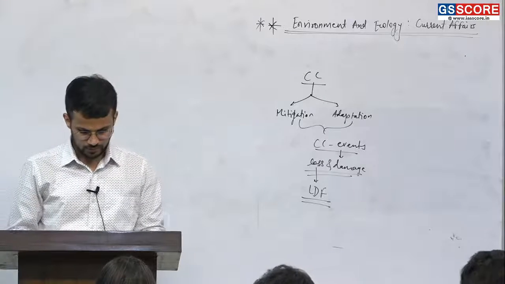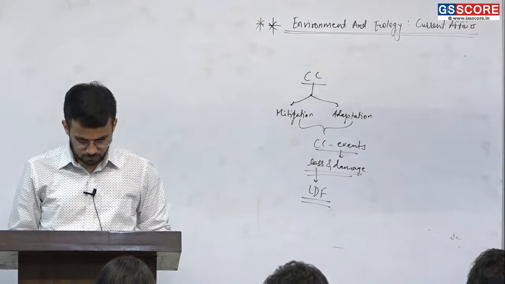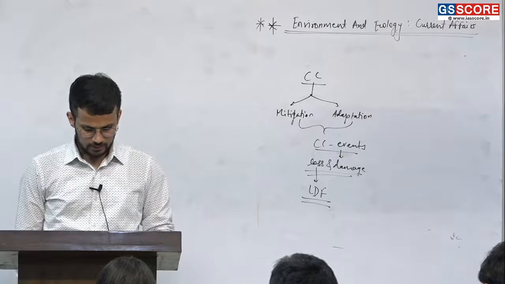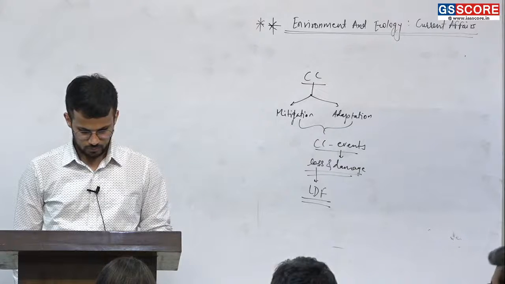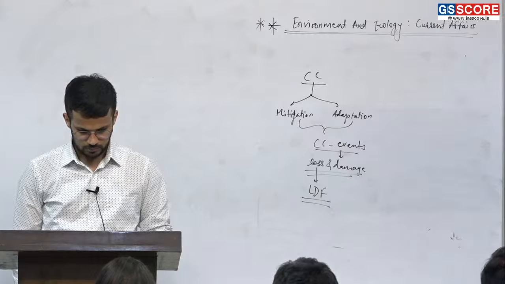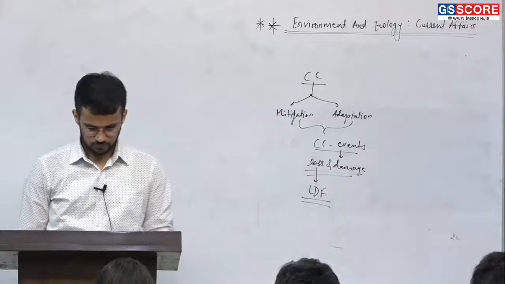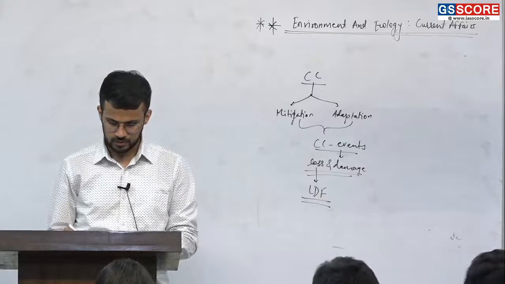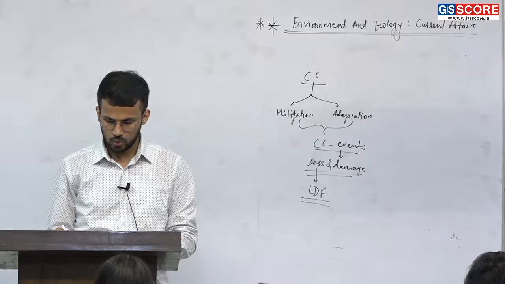Next important topic is Roku among bird count. 79, Indian skimmer. They arrive in Koringa Wildlife Sanctuary.